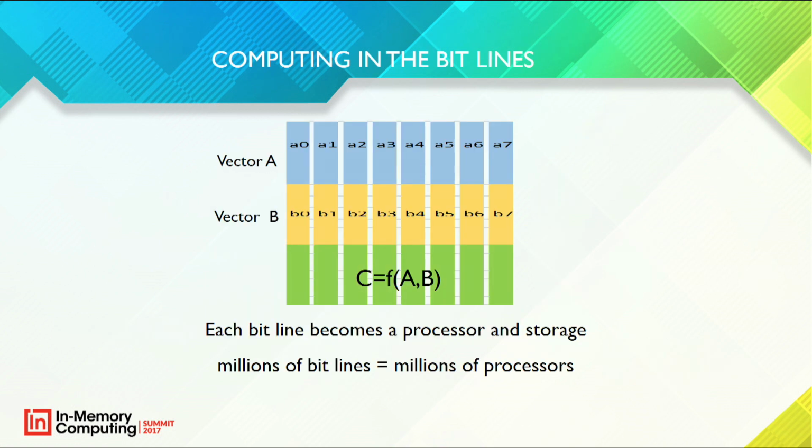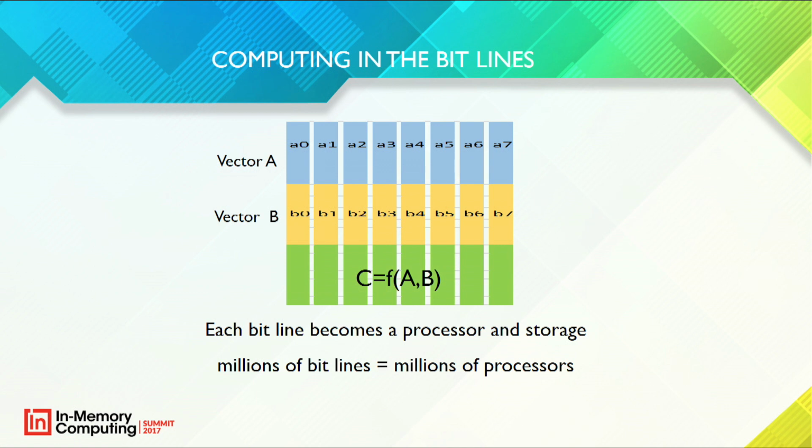So to summarize, if we have memory, every bit line in the standard memory now becomes a processor. We don't have to take this bit line and connect it to another processor. Every bit line is a processor. So we can do any function based on Boolean functions.